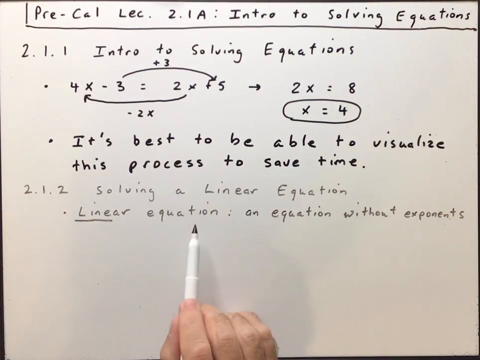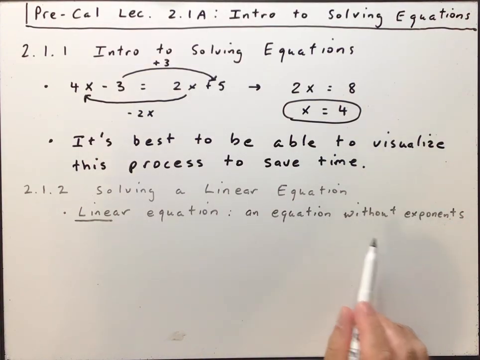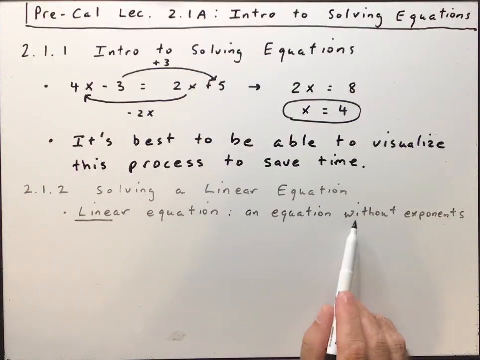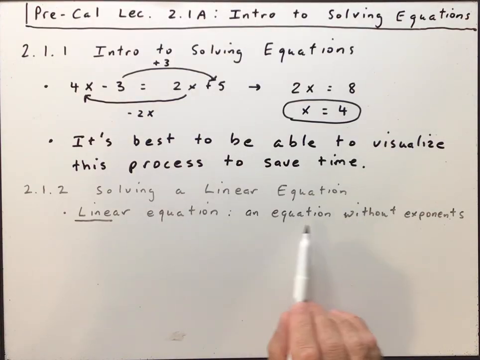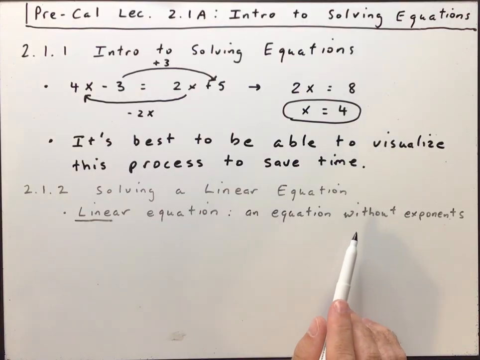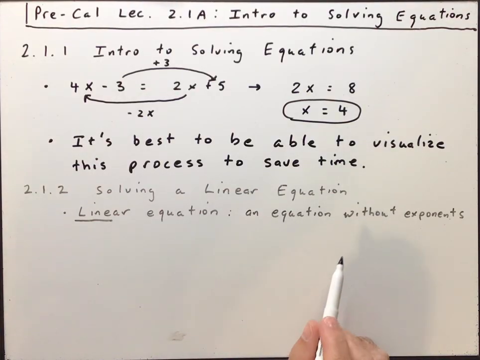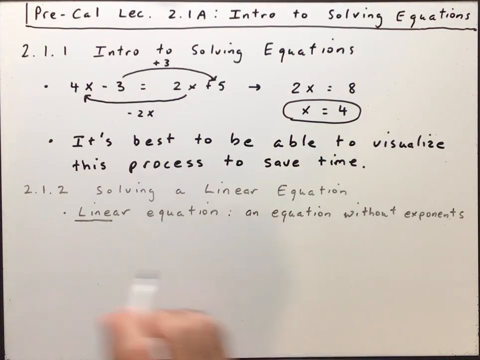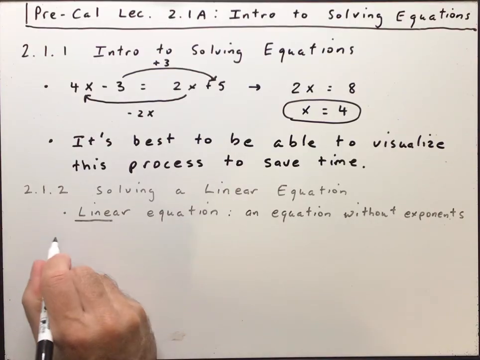It's to the first power. There's no x squared, x cubed, or square root of x, and it's just x to the first power, y to the first power. All right, so let's do an example here.